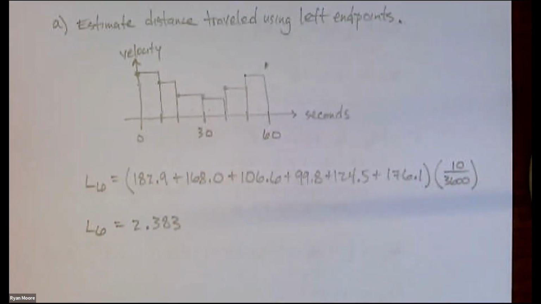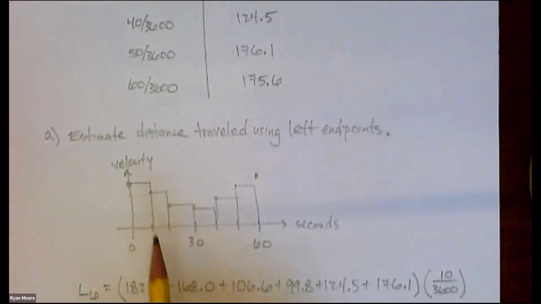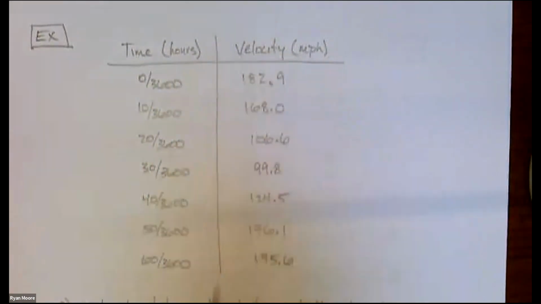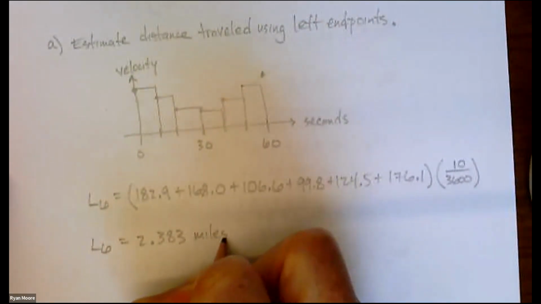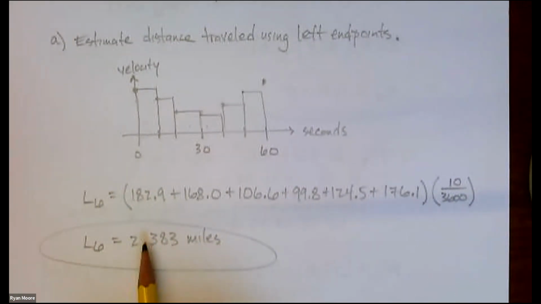Now, what does that actually represent? 2.383 what? It's the distance traveled. If we're looking at hours, miles per hour, this is miles. Which at first is like, wow, it went well over 2 miles in 1 minute.